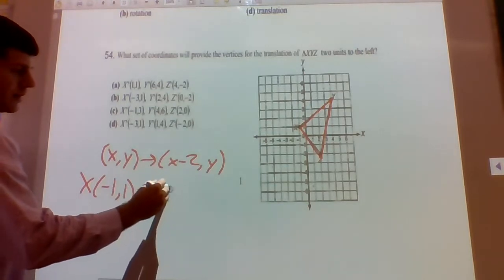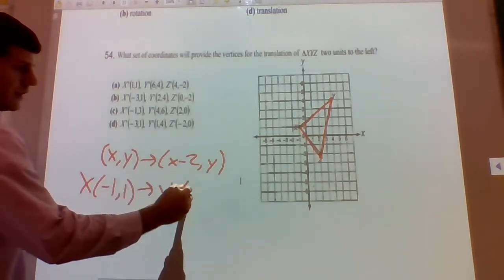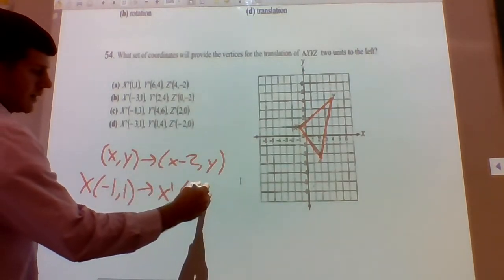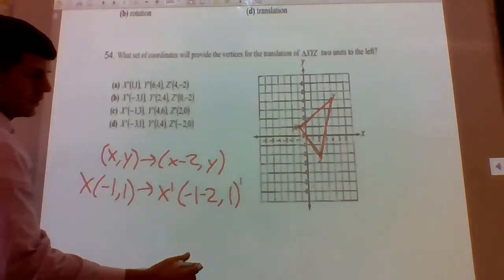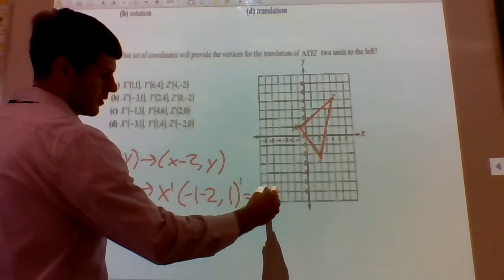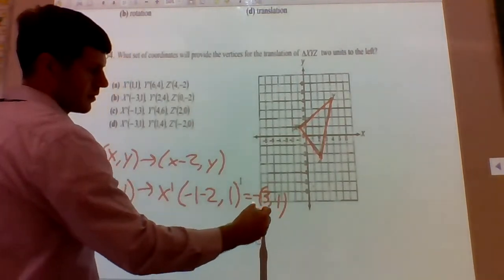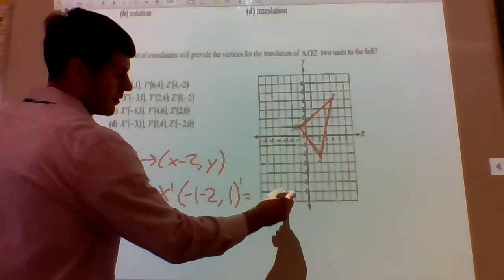So X prime is going to be negative 1 minus 2, comma 1, which is going to be negative 3, 1.